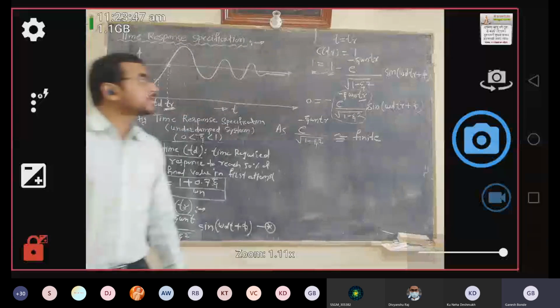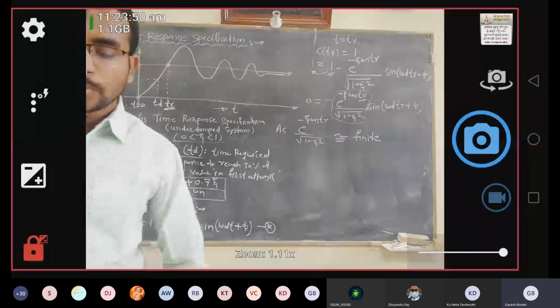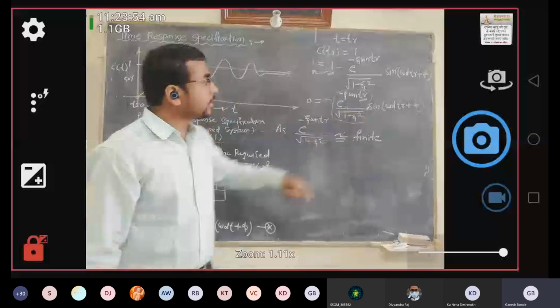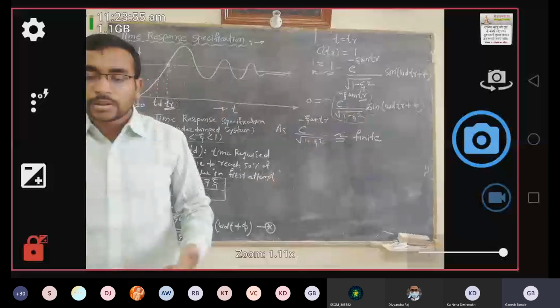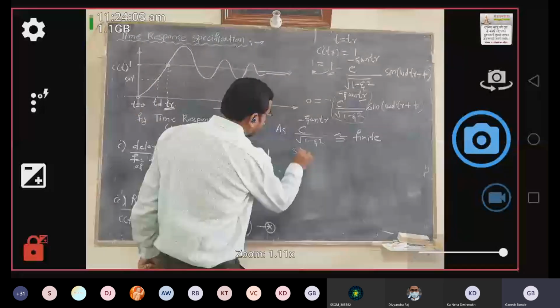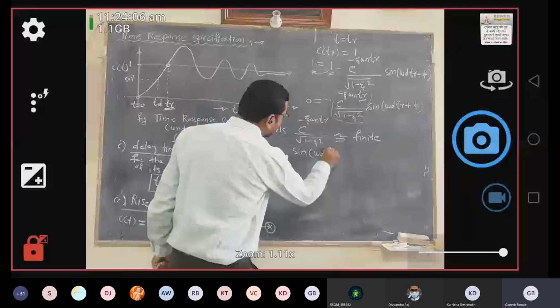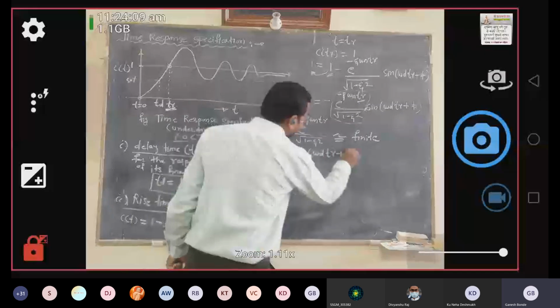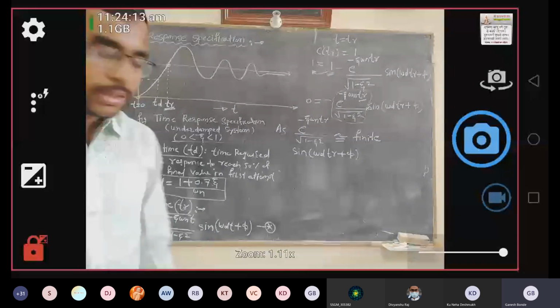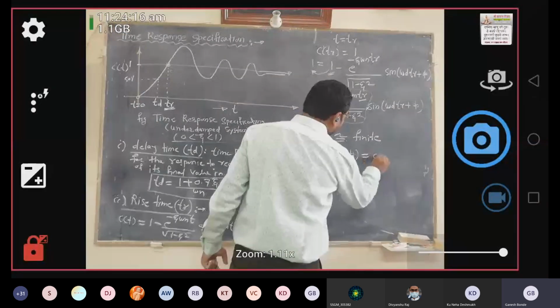But the first term is finite, so when this second term goes to 0, for that purpose we are going to use certain assumptions. Let the second term be sine of omega d TR plus phi, which is equal to 0.